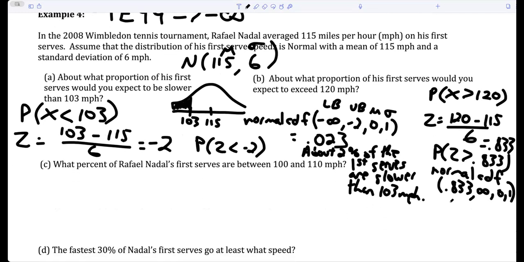And let me label those. Lower bound, upper bound, mu, sigma. Put that into your calculator.